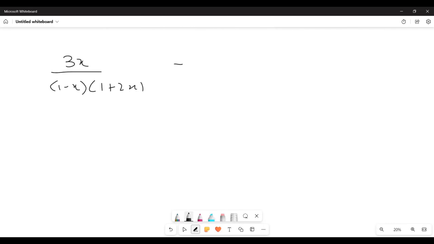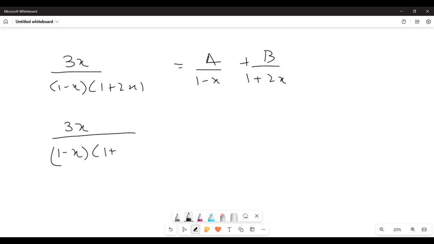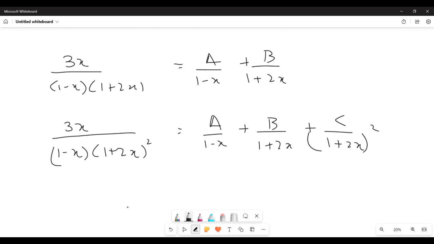Both are linear, so that would be a upon 1 minus x plus b upon 1 plus 2x. अगर एक repeated हो जाए, like (1 plus 2x) whole square, so then we do a upon 1 minus x plus b upon 1 plus 2x and then plus c upon (1 plus 2x) whole square.